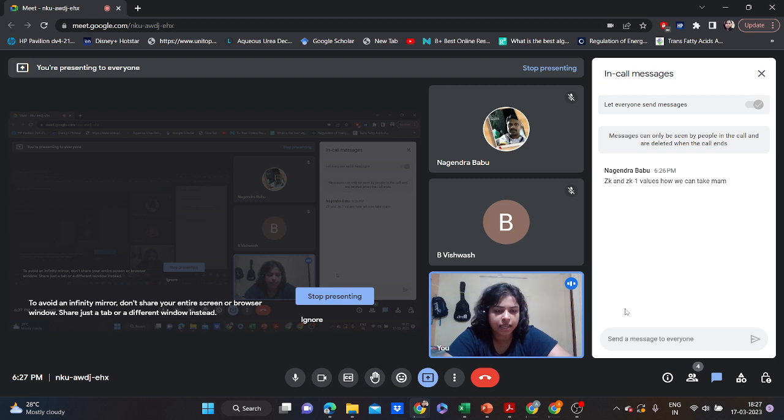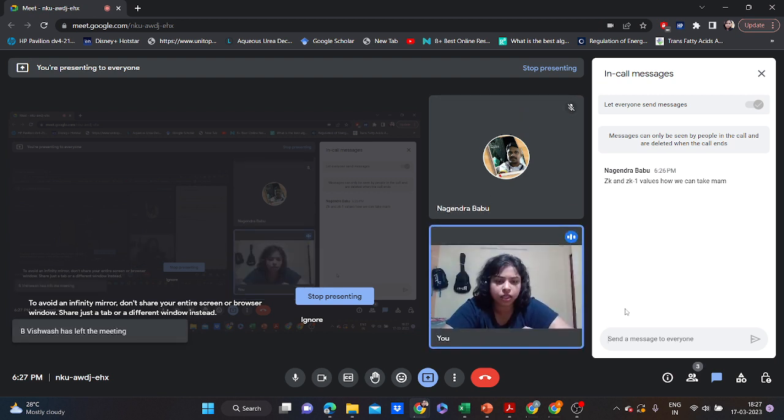Okay, z_k and z_k minus 1 give the thickness of the lamina. It is given in the question what the thickness is, so that is the z_k minus z_k minus 1 value. For that thickness you have to take.